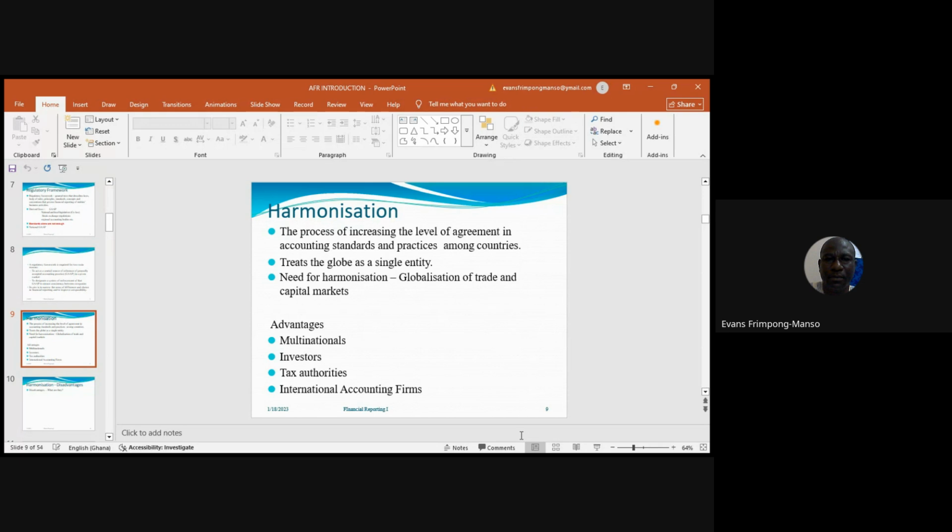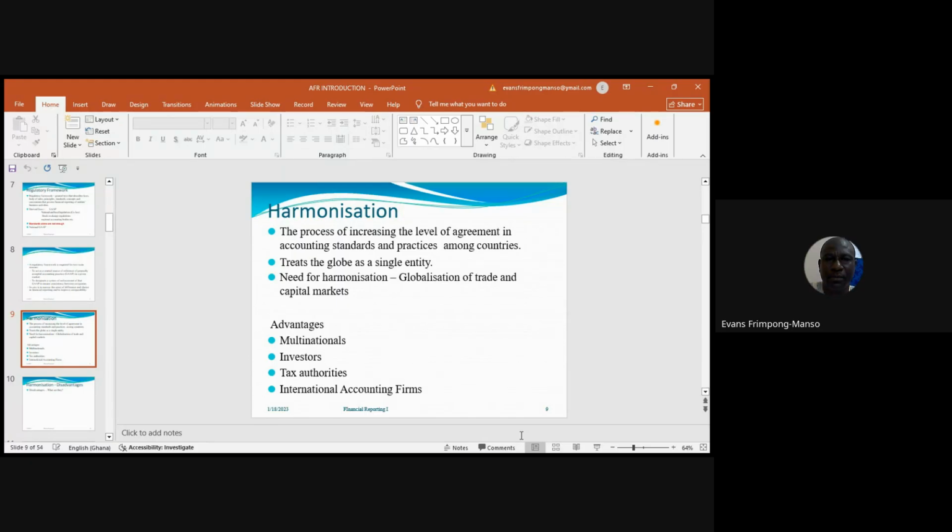Are you following? They are not among the big four. So the big four means they are the largest accounting and audit firms, even in the world.